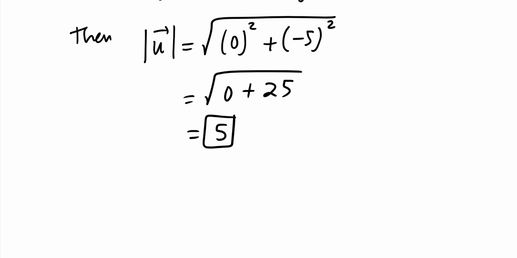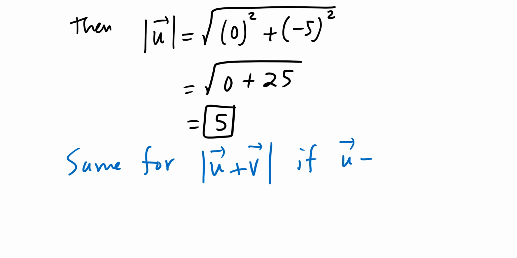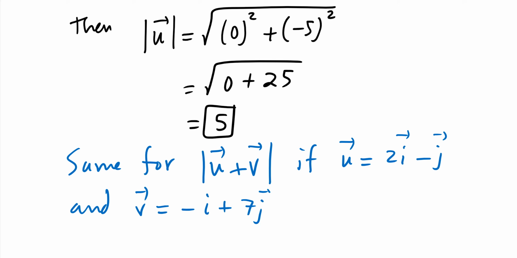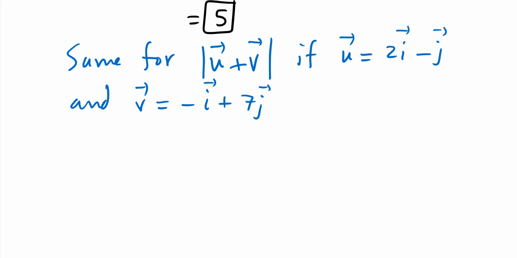Look, another example. We would like to find this if u is 2i minus j and vector v is negative i plus 7j. So how do you find the magnitude of that? To do so, we first need to know what u plus v is. What are the vector components of this?